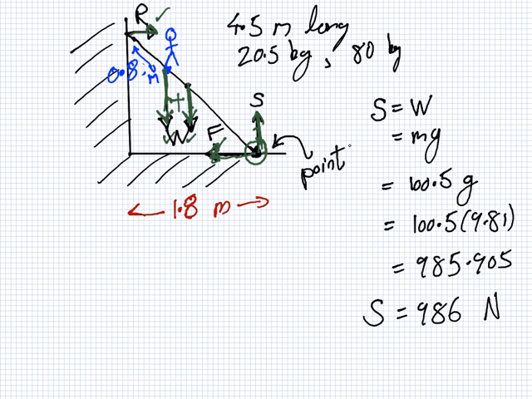So now they want the first and S. Yes, we have S, so now they want F. If you find R, you know F, because R equals F. Isn't R equal W?